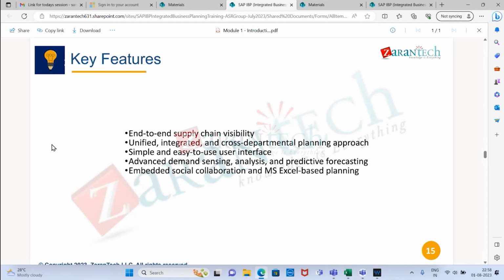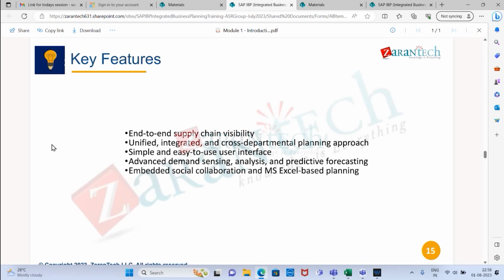It involves almost all the departmental stakeholders, right from the product management group, marketing group, supply chain group. Within supply chain, you have the demand planning group, supply planning group, customer service group, warehouse management group, and also the finance team.